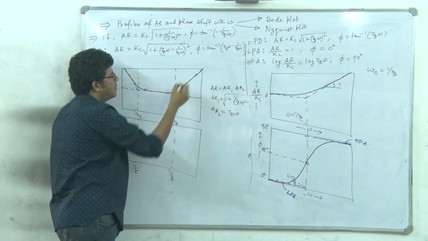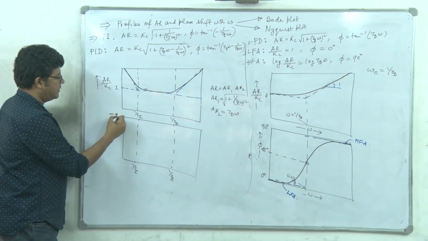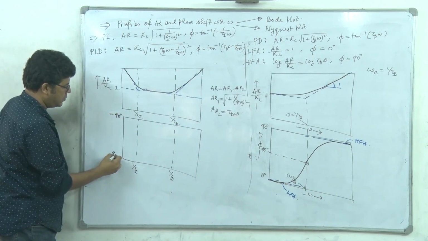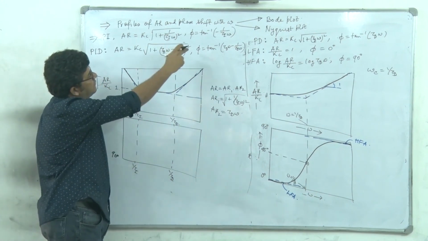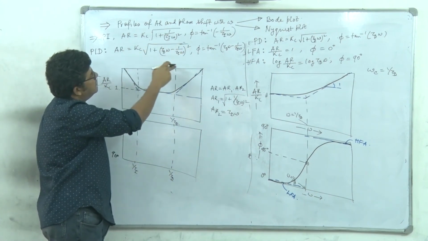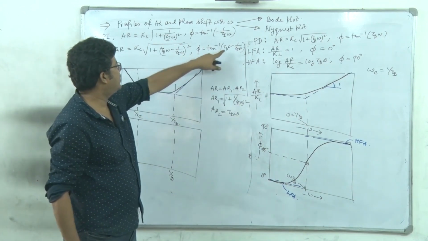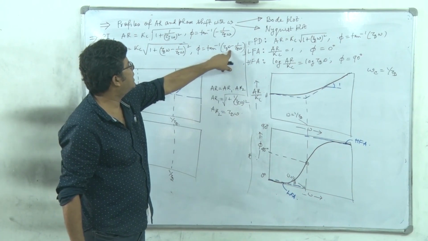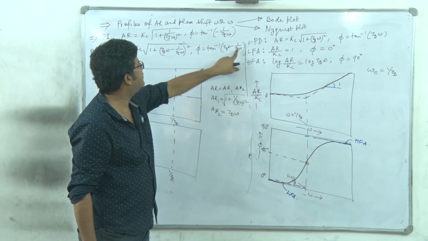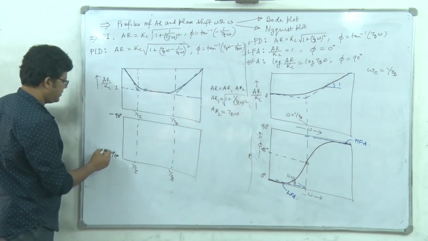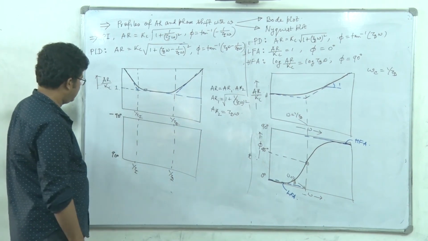Right. And here it will vary from minus 90 to plus 90. So for this expression, when omega tends to 0, this is minus infinity, so minus 90. This will be minus 90, and sorry, here it will be plus, here it will be minus.